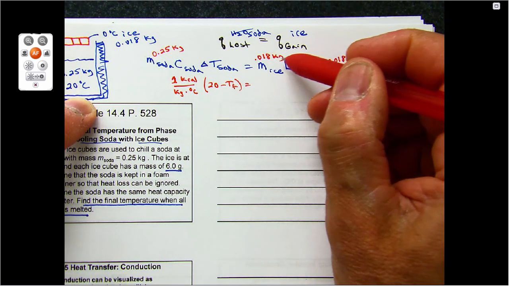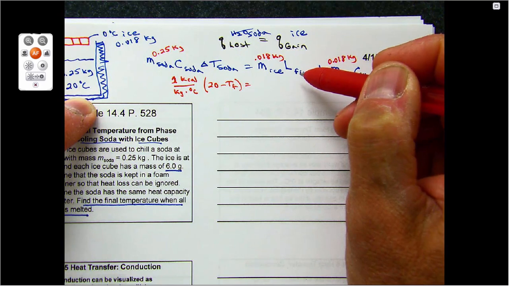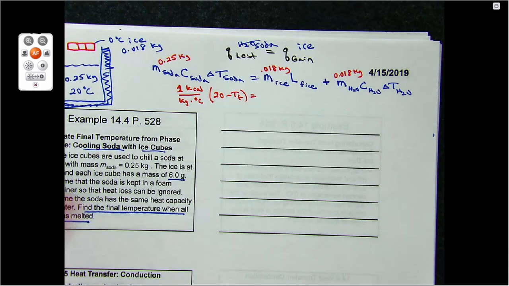0.018 kilograms, specific heat of ice. And where's our chart for that? You're right, this is the enthalpy of fusion of ice. Enthalpy of fusion chart is right here. So enthalpy of fusion, well, it's going to be water.